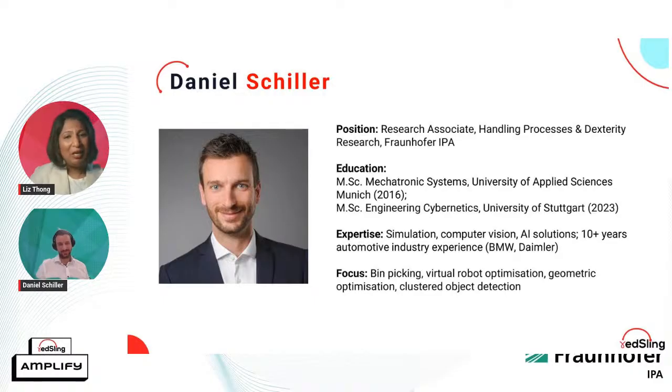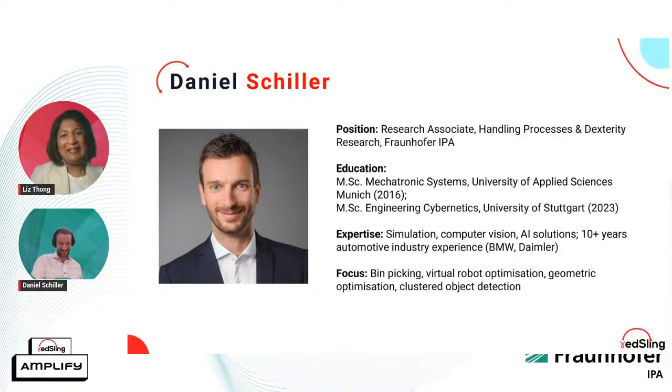Daniel's expertise is in simulation, computer vision, AI solutions, and he's got 10 plus years of experience specifically in the automotive industry, having worked with the likes of BMW and Daimler. And Daniel's focus is on bin picking, virtual robo optimization, geometric optimization, and clustered object detection, all of which comes together in the AI bin picking solution. Daniel, it's such a privilege that you could join us today. Thank you for being here.